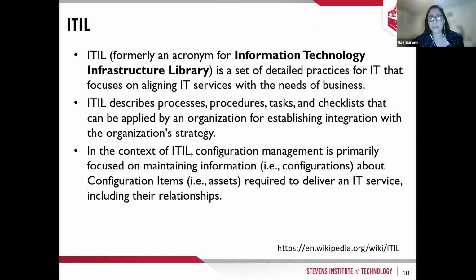That is used under the Information Technology Infrastructure Library, which talks about different processes, procedures, tasks, and checklists that we need to do for configuration management. The context of configuration management is focused on maintaining information rather than actually development.